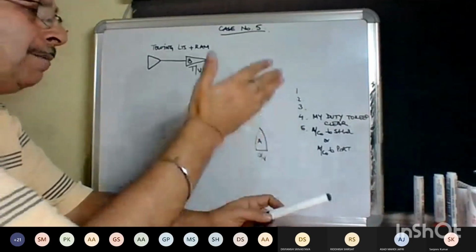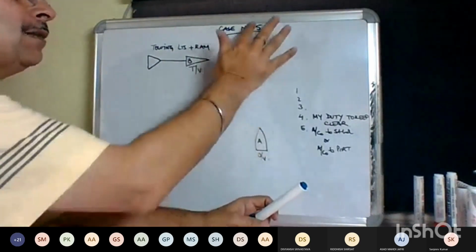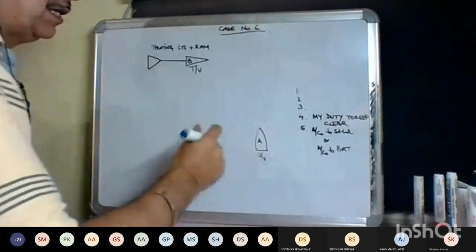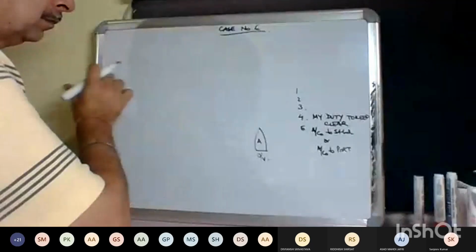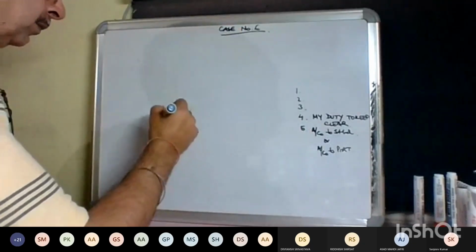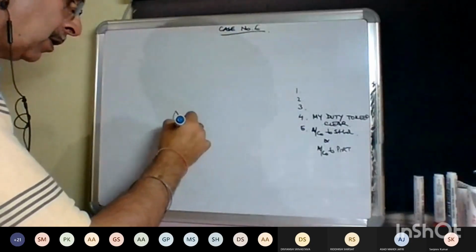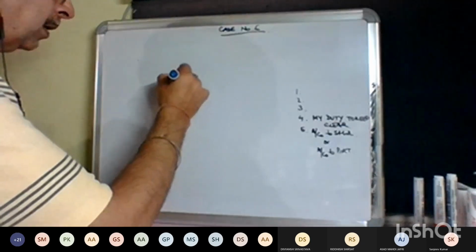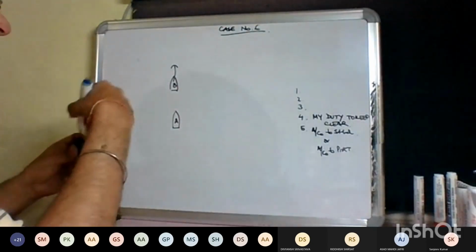Okay. Now I'll come back to this case again later. मैं इस पे दोबारा आऊंगा वापस। अभी मैं केस नंबर 6 पे जा रहा हूँ। केस नंबर 6. मैं 5 पे वापस आऊंगा. 5 is not over as yet. So I'm on case number 6 now. And on case number 6, this is my vessel. This is a vessel B, which is anchored like this.